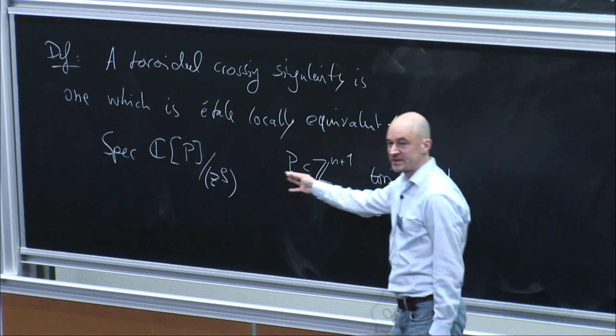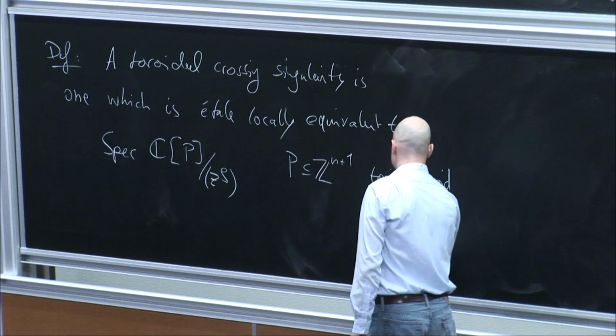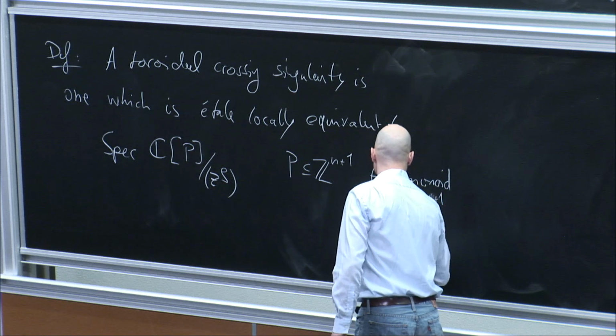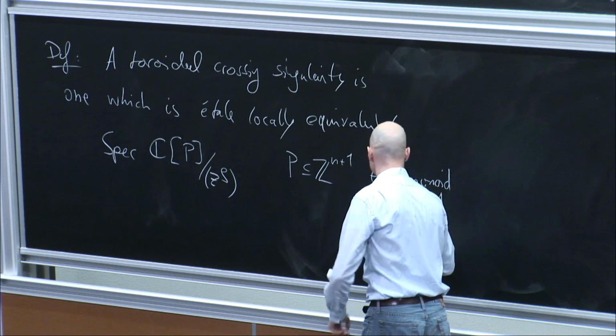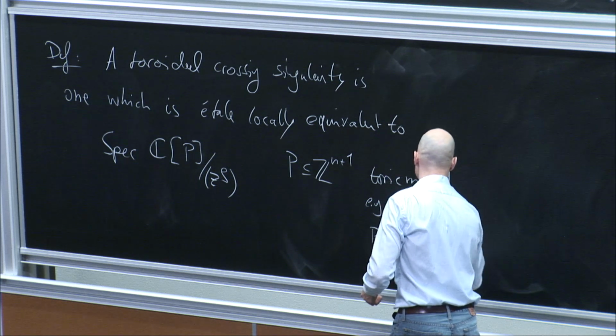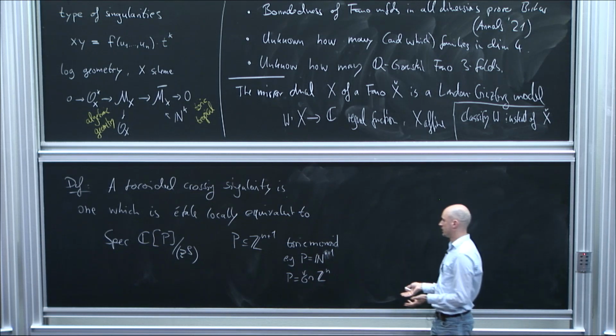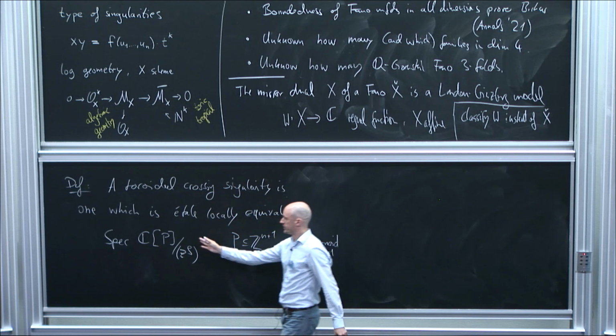That will give a normal crossing singularity. Or it can be any toric monoid. Generally, P is the intersection of a cone, in the usual toric language a dual cone, which you then intersect with a lattice. So you take a polyhedral cone and intersect it with a lattice. You get a monoid, and then you can take the monoid algebra.